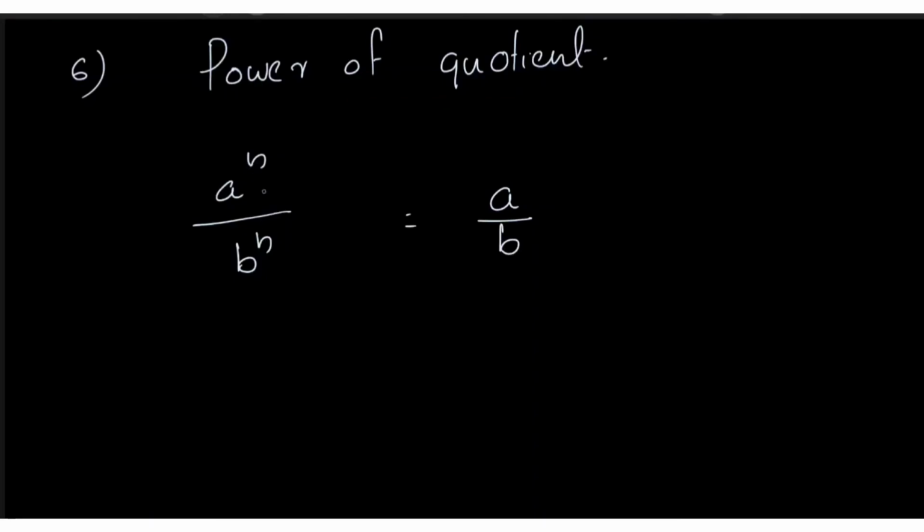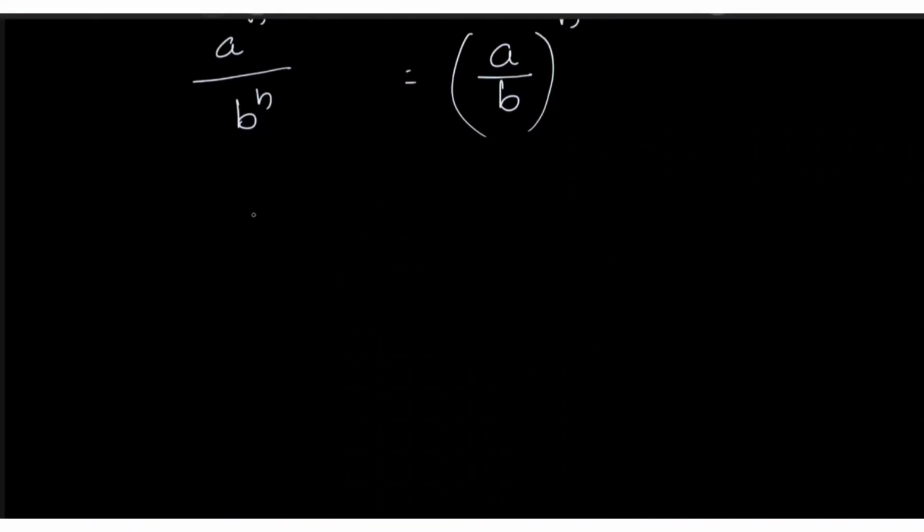Again the exponents are the same, so we can write the bases in a bracket and put a common exponent. That is 5 raised to 4 by 7 raised to 4. Here the two bases are different and the exponent is the same, so we can write like this: 5 by 7 raised to 4.